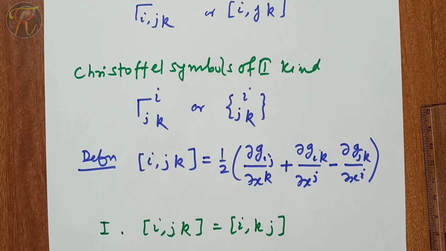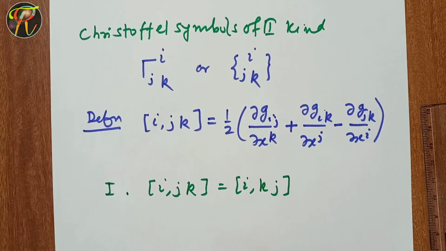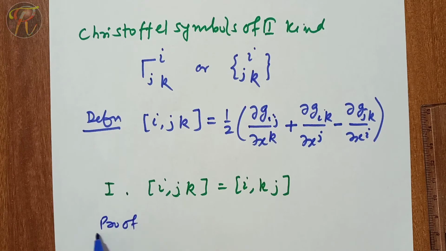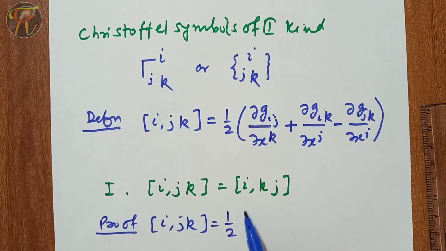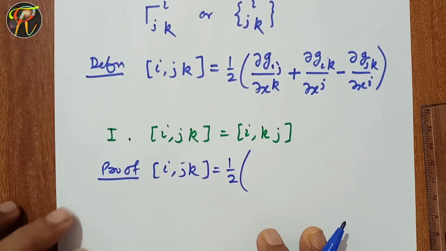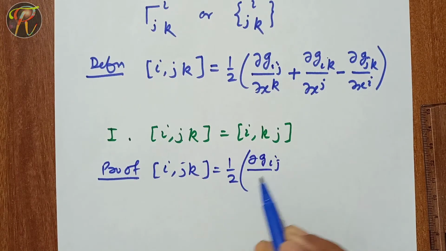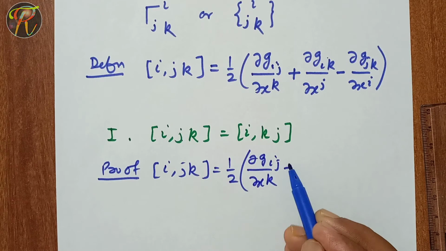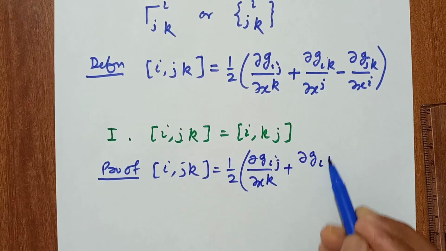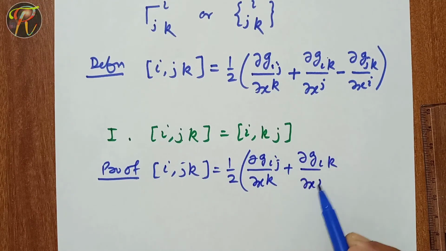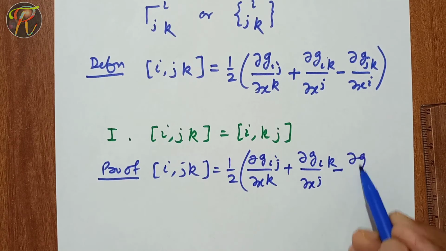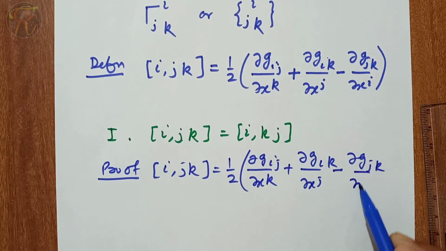The proof is very easy, because [ij,k] is equal to 1/2 (del g_ij/del x^k plus del g_ik/del x^j minus del g_jk/del x^i).